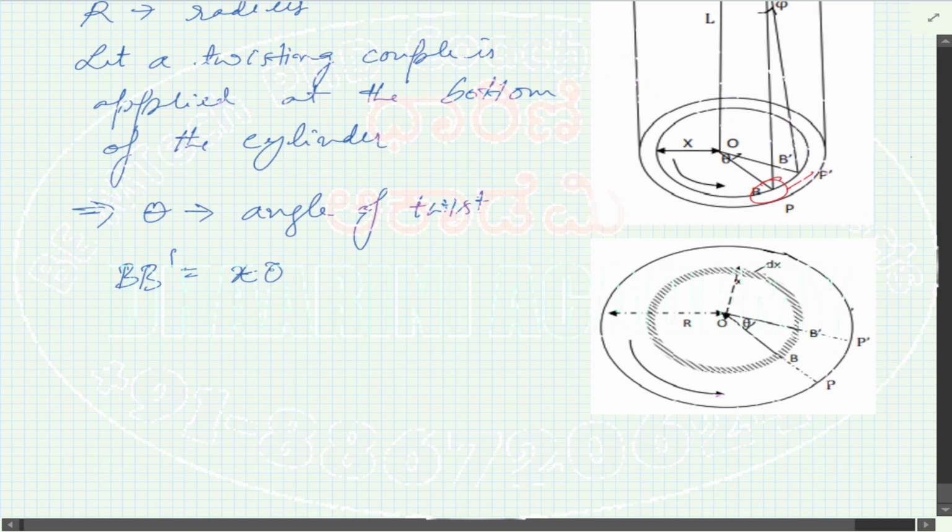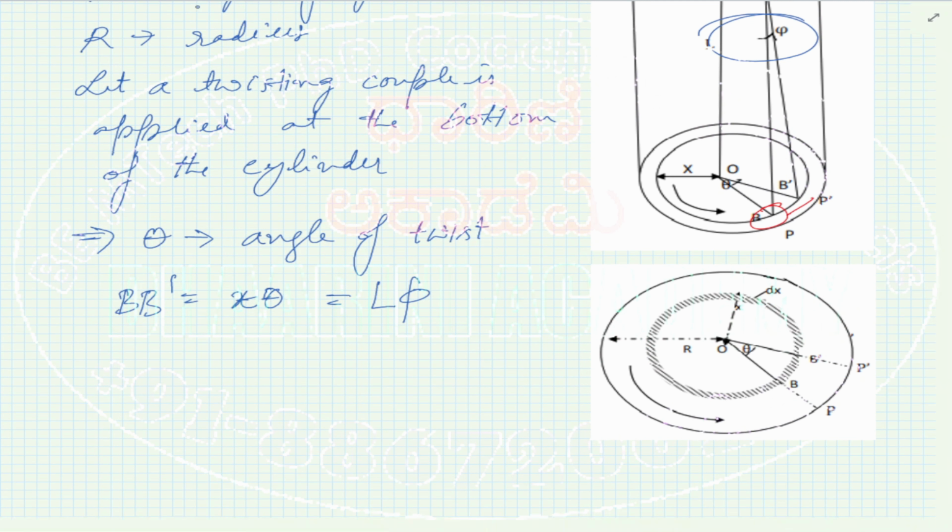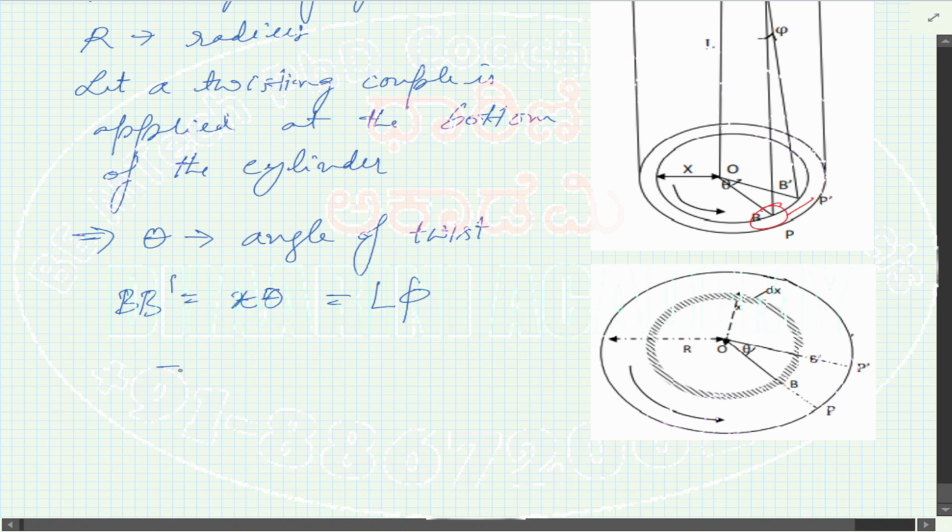That's the movement of the point B to B dash. That can also be given using the length, that is the height of the cylinder, into the angle phi. So phi can be measured, which is x theta divided by L. Let's call this equation number 1.